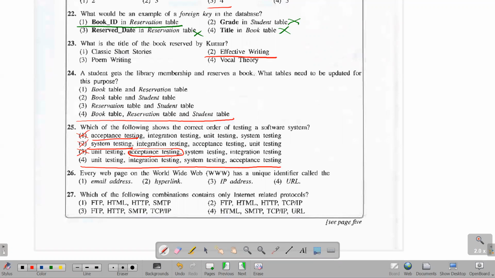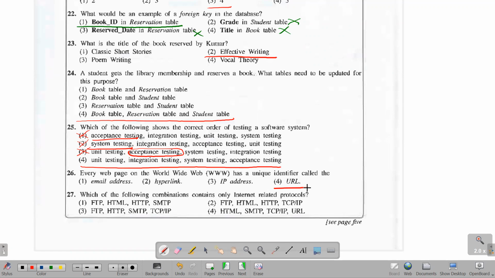26th, every web page on the World Wide Web has a unique identifier called Uniform Resource Locator, or in short, URL. 27th, which of the following combinations contains only internet-related protocols?